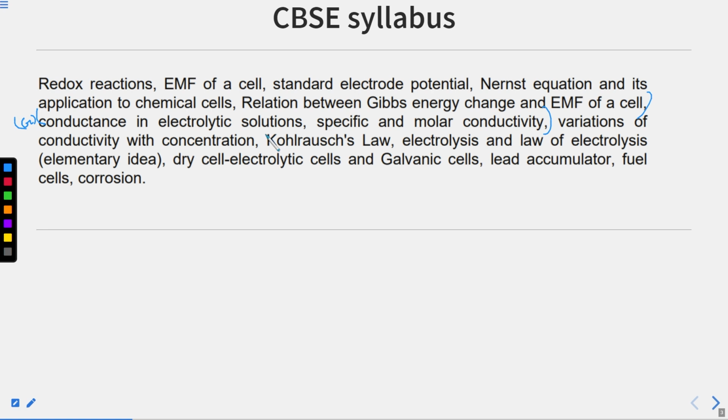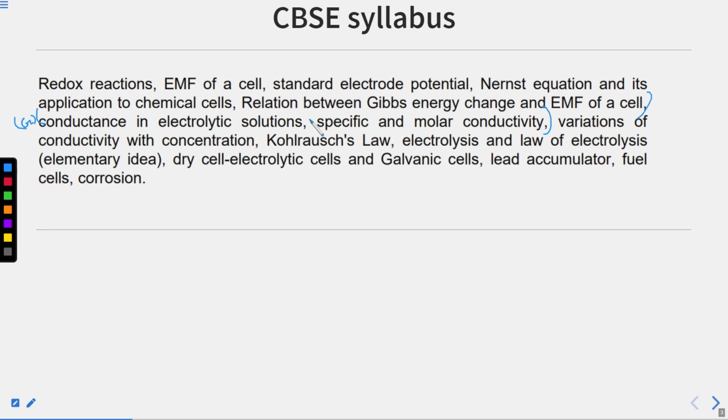The formula was R equals rho L by A, so rho equals R A by L. Moving forward, if we again take the reciprocal of that specific resistance, we term that as specific conductance.